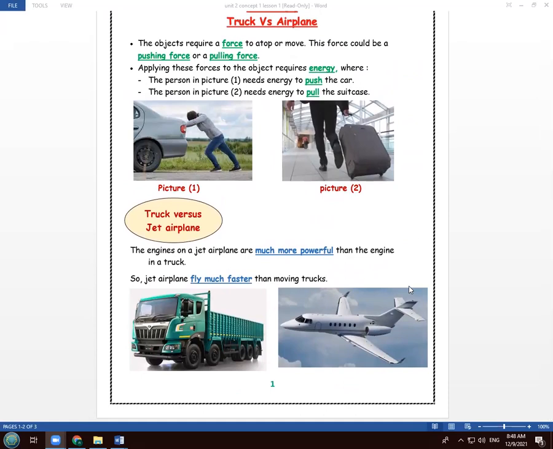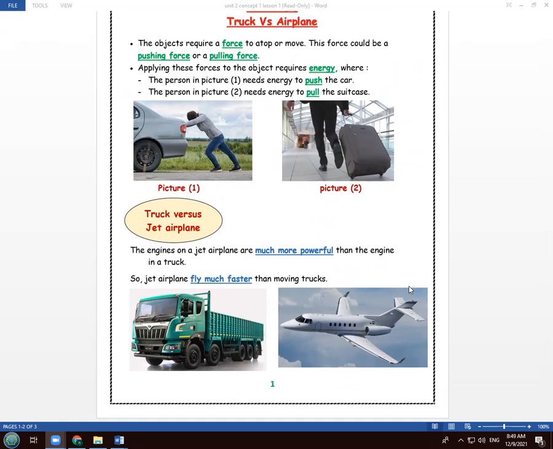This force could be a push force or a pulling force. I talked about the normal truck and the jet airplane. You have to know that the engine inside the jet airplane is much more powerful, so it can fly much faster than the moving trucks.